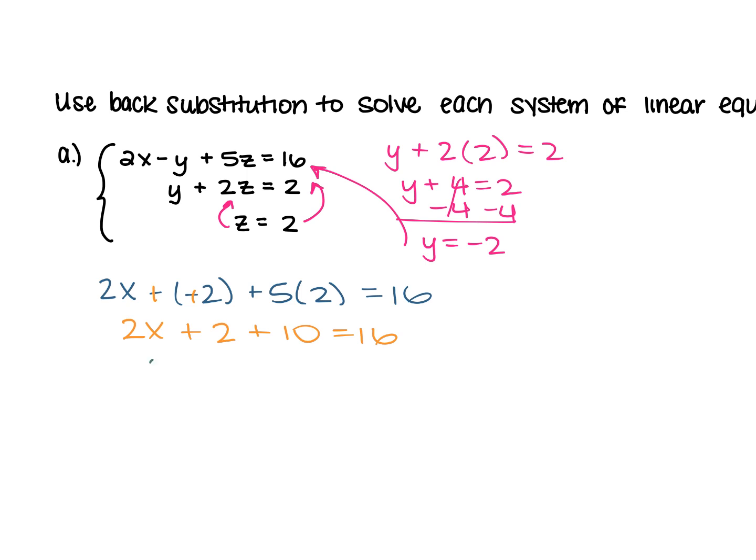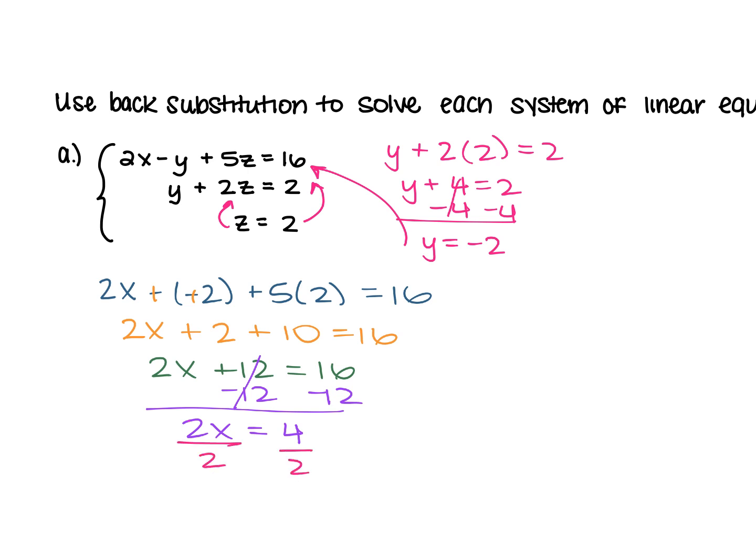Combine your like terms, that's 2x plus 12 is equal to 16. Subtract your 12 over, you get 2x is equal to 4, and then divide each side by 2 to get that x is equal to 2. So you had x of 2, y of negative 2, z of 2. That's the ordered triple of 2, comma, negative 2, comma, 2.